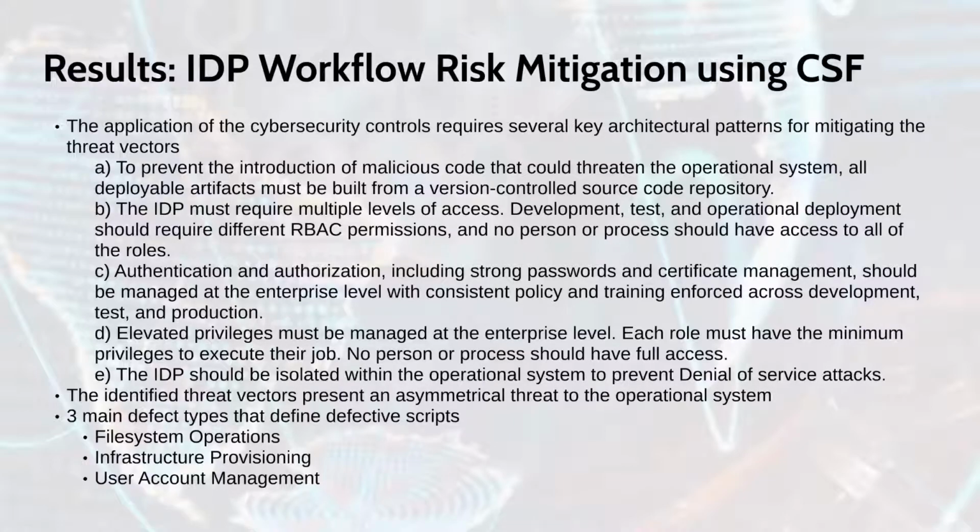Development, test, and operational deployment should require different permissions. Authentication and authorization should be managed at the enterprise level with consistent policy and training enforced. Elevated privileges must be managed at the enterprise level. The IDP should be isolated within the operational system to prevent denial of service attacks.